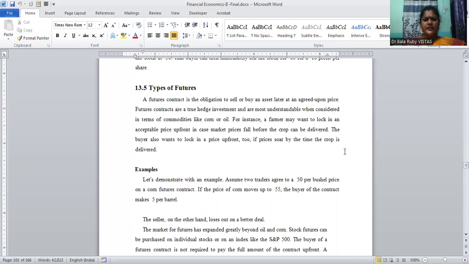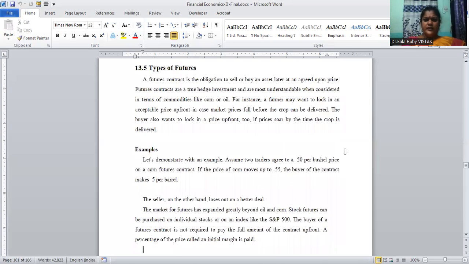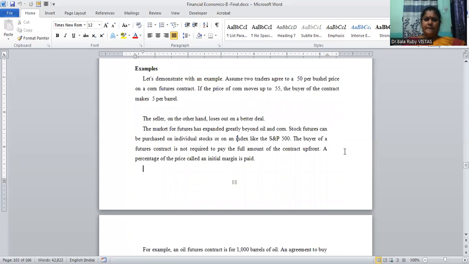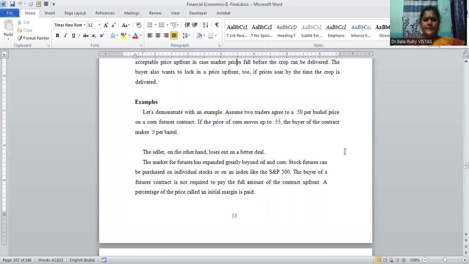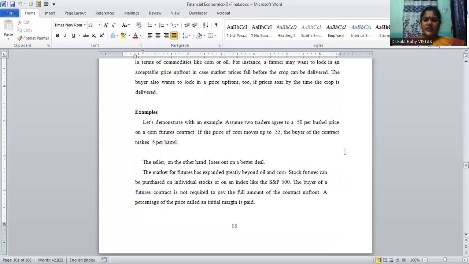For example, a farmer may want to lock in an acceptable price upfront in case market prices fall before the crop can be delivered. The buyer also wants to lock in a price upfront, so the price is assured by the time the crop is delivered.